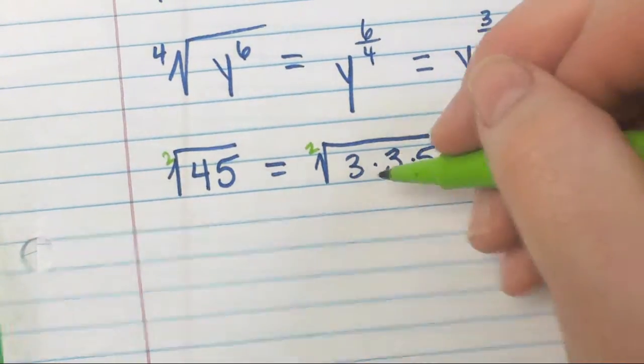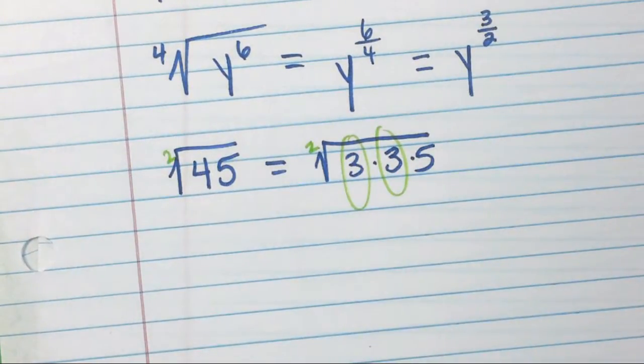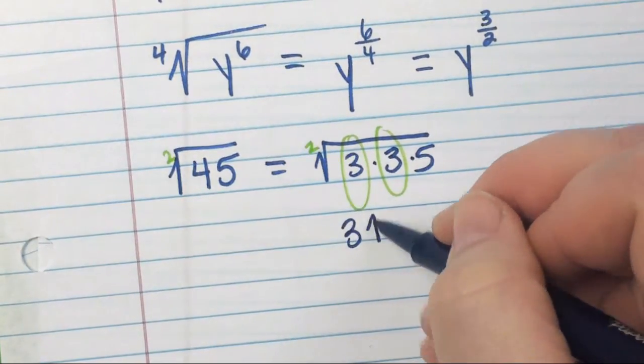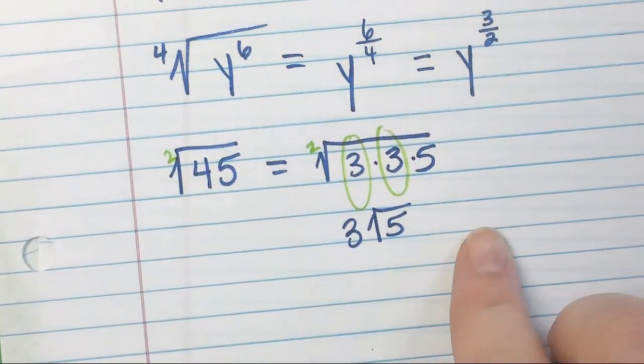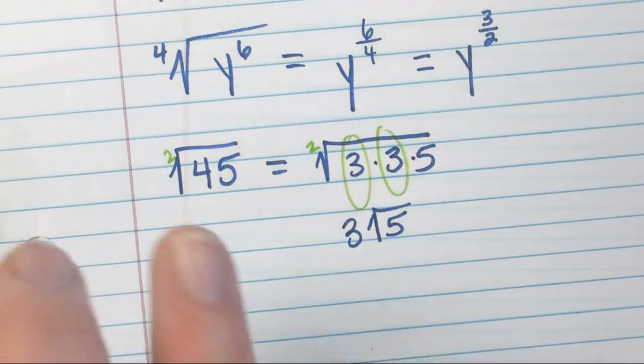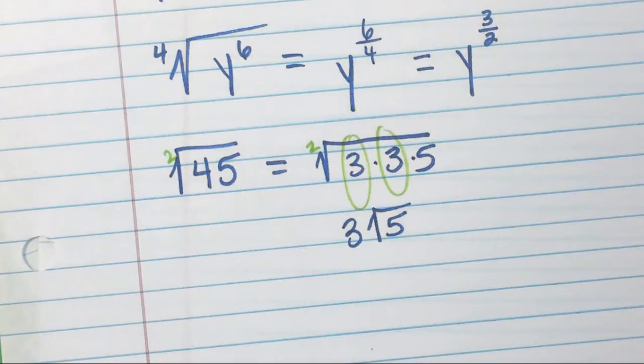Okay, so I had a pair of 3s, so a 3 is to come out, and then the square root of 5. So 3 radical 5 works, or specifically because the index is 2, 3 square root 5. Are there any questions about this method? That's right. This is always going to work.